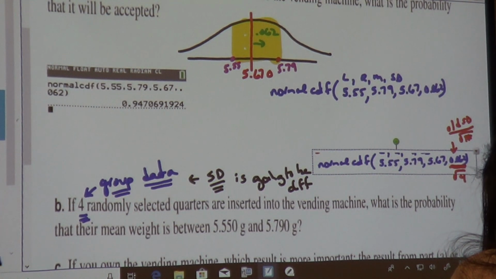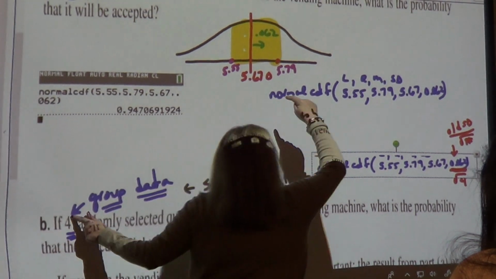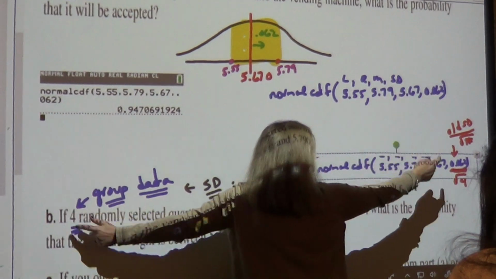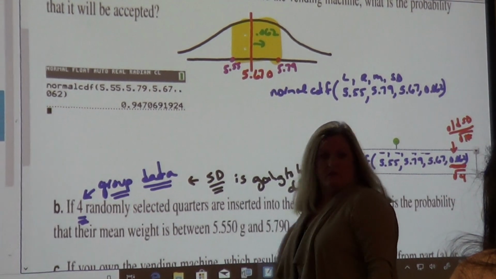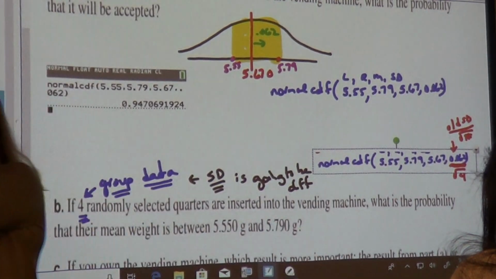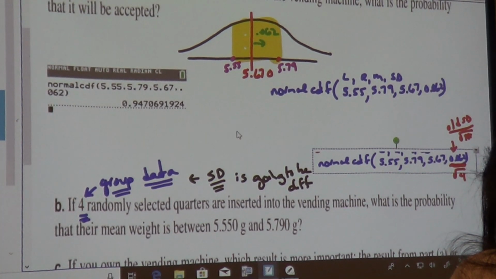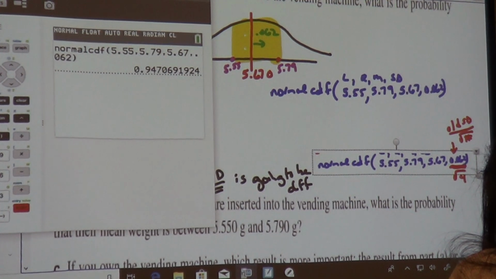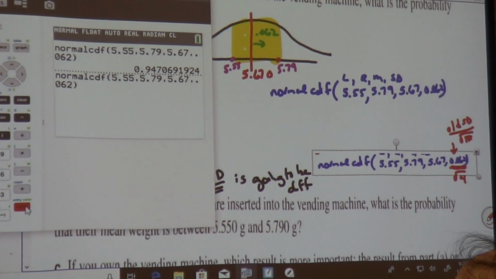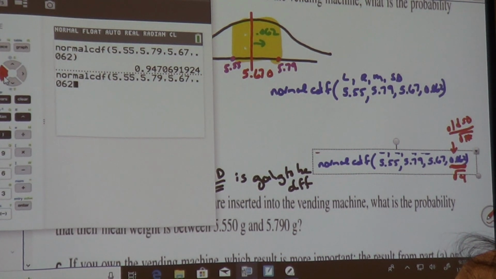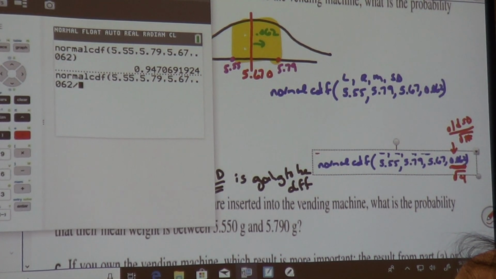If you have group data, you take the single data and divide the last piece by the square root of the group. When I go back to my calculator, watch what I'm going to do. Second enter recalls the problem. I back that thing up and divide by the square root of 4.